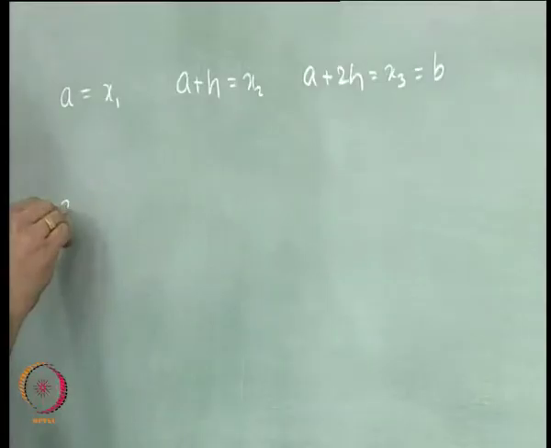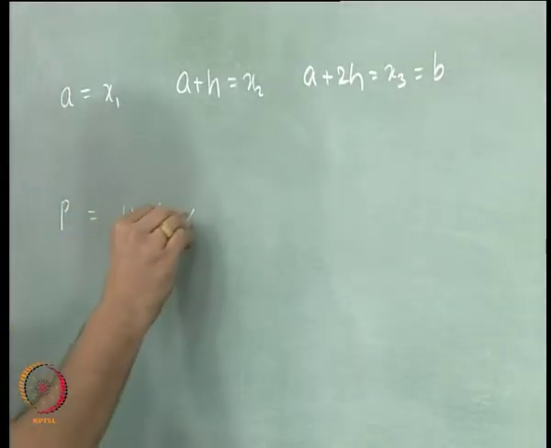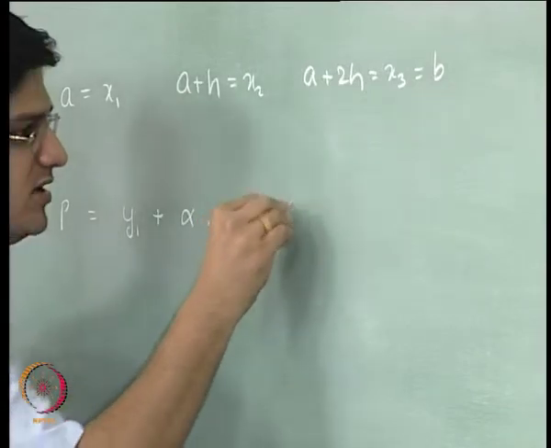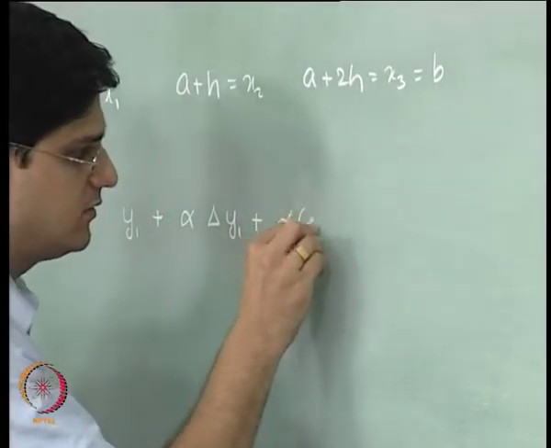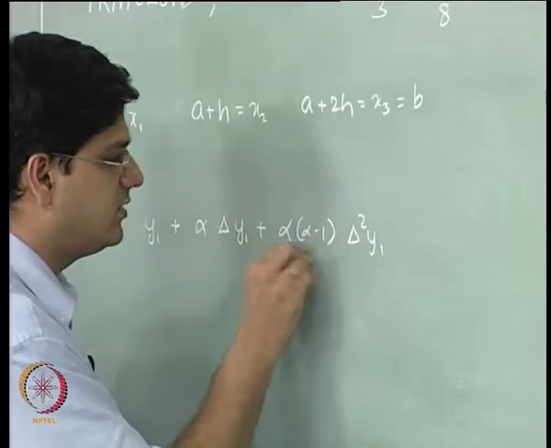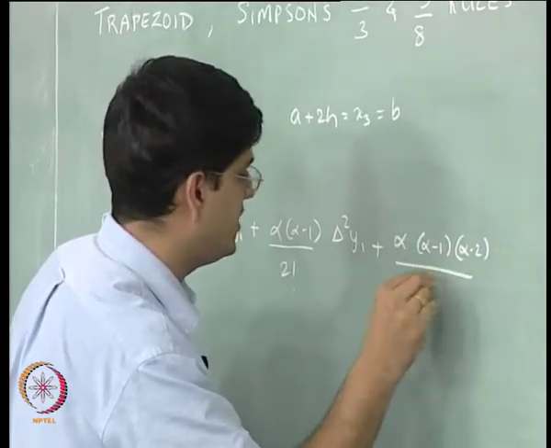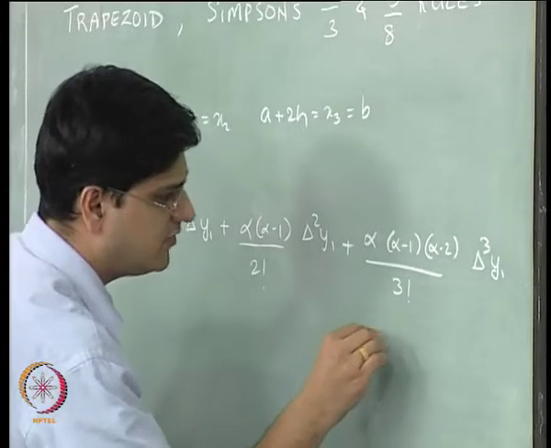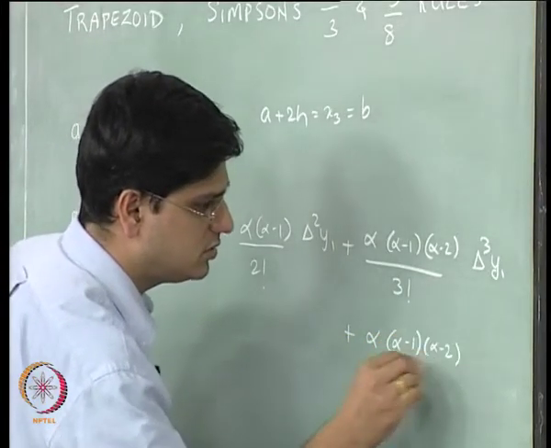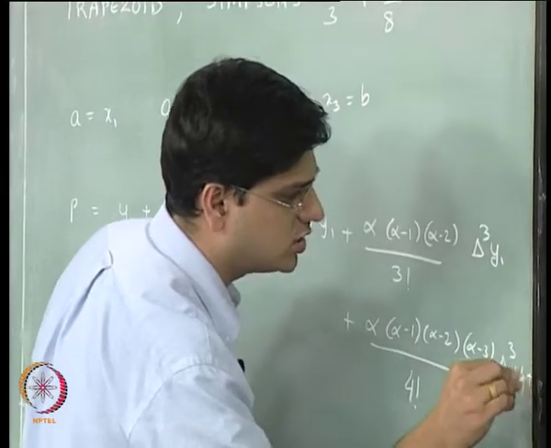So a general polynomial p, using the forward difference formula, is going to be y1 plus alpha times delta y1 plus alpha minus 1 by delta squared y1 divided by 2 factorial plus alpha minus 1 alpha minus 2 divided by 3 factorial delta cubed y1 plus alpha minus 1 alpha minus 2 alpha minus 3 by 4 factorial into delta cubed y1 and so on.